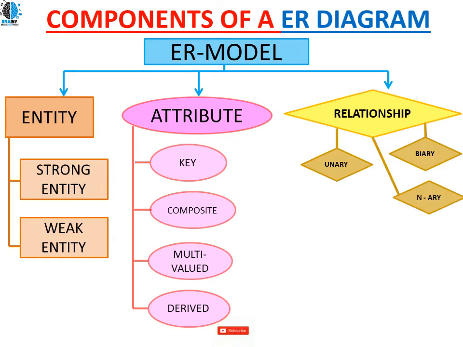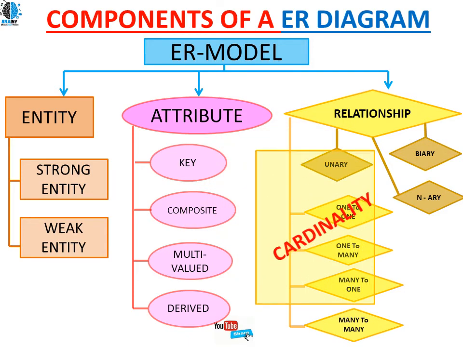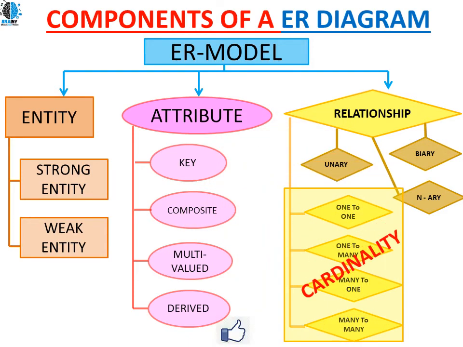Next, coming to relationships, I will be having unary relationship, binary relationship, and n-ary relationship. With respect to these relationships, I will be having the cardinality constraints such as one to one, one to many, many to one. All these are my cardinality constraints with respect to my relationships such as unary, binary, and n-ary.